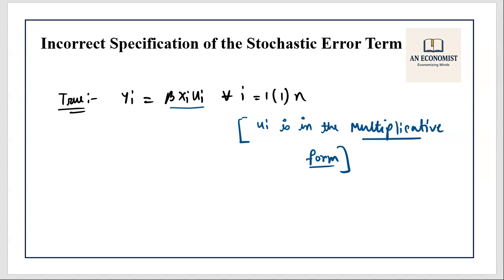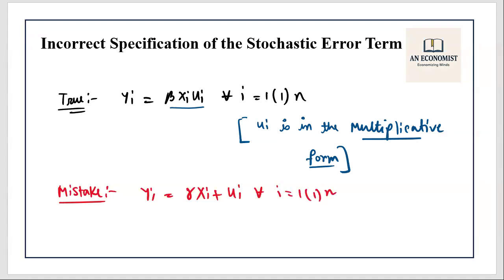But again, due to some mistake, suppose you select your model for your research as this: yi equals gamma xi plus, say, ui, for i from 1 to n, right?